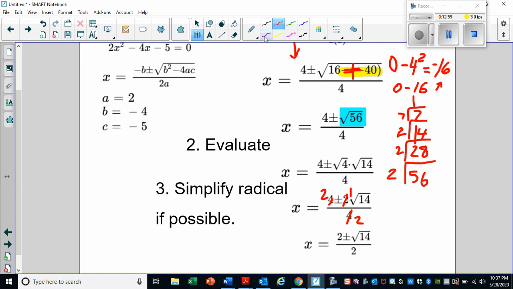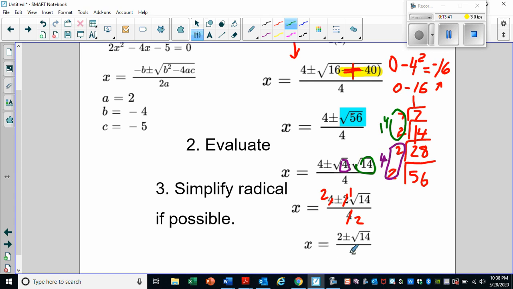And from here, this pair of 2's, 2 times 2 is 4. So that's where this 4 comes into play. And then you have 7 times 2, which is 14. And that's where this 14 comes into play here. So that's the birthday cake method. That was before we left school, we did these types of problems.